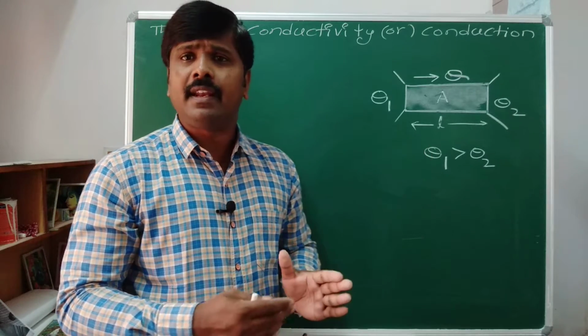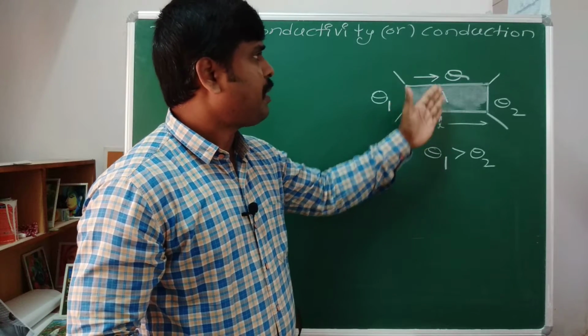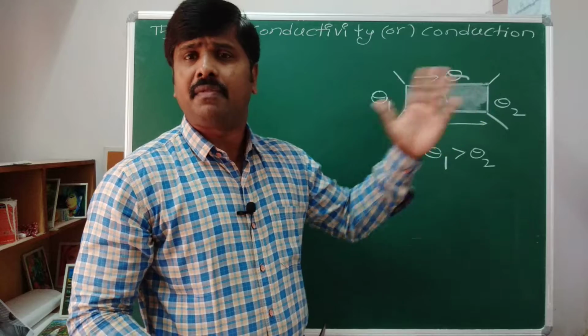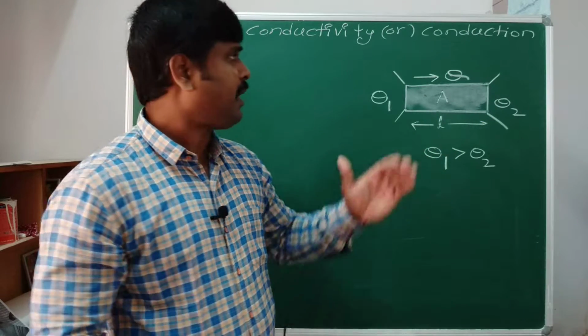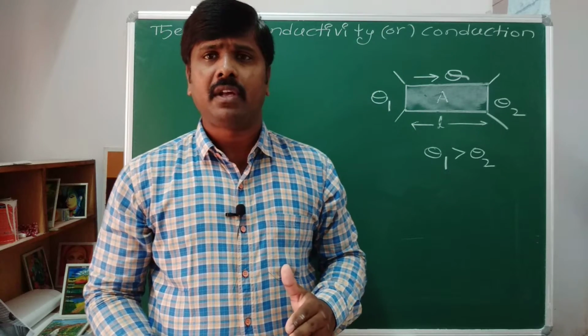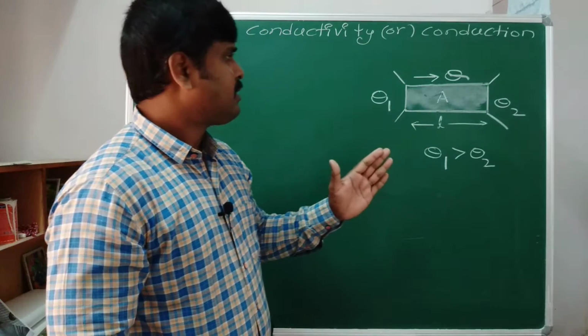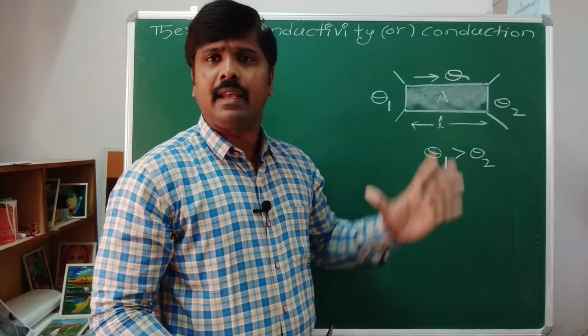Heat flow decreases. The reason is heat transfers from the system to the surroundings, which are at nearly 30 degrees centigrade. So there is not much heat transfer if the length increases.